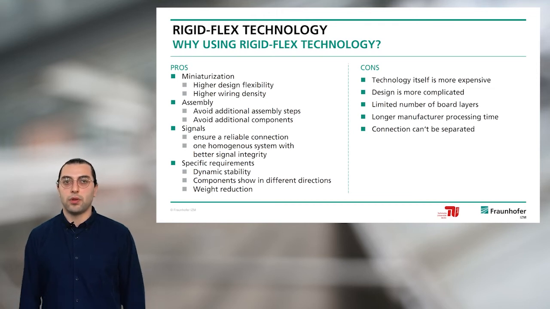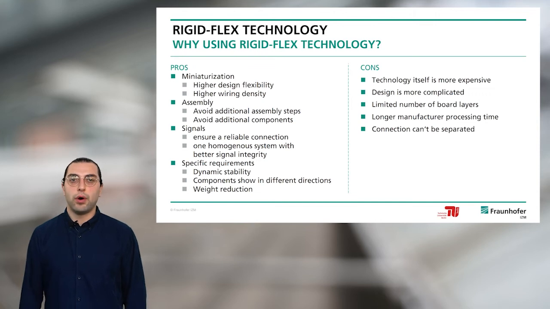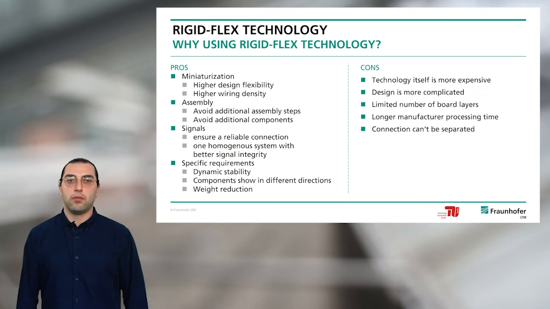So miniaturization is the first point. The second point is we can avoid additional components and assembly steps. One further point is also it's a big advantage to have a homogeneous system with a better signal integrity. It means we can ensure a reliable connection between the PCBs.